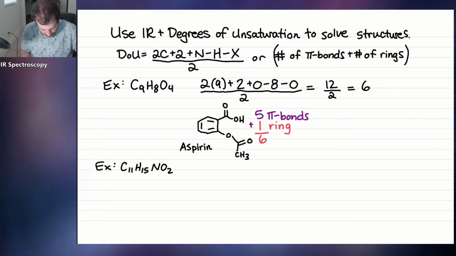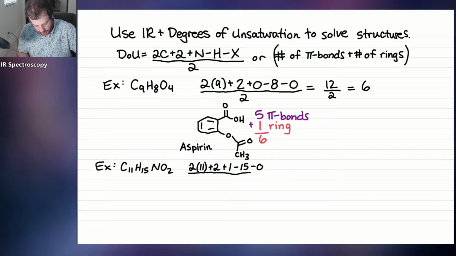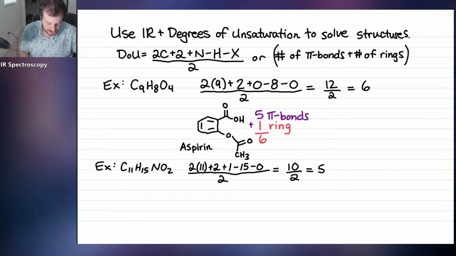So 2 times the number of carbons, so 2 times 11, plus 2, plus the number of nitrogens, there's 1, minus the number of hydrogens, minus 15, minus the number of halogens, there's 0, all divided by 2. I'll do that math on the calculator. I get 10 on the top, divided by 2 on the bottom, which is equal to 5. Let's take a look at the structure of this compound and confirm. So the compound I was thinking of was this.